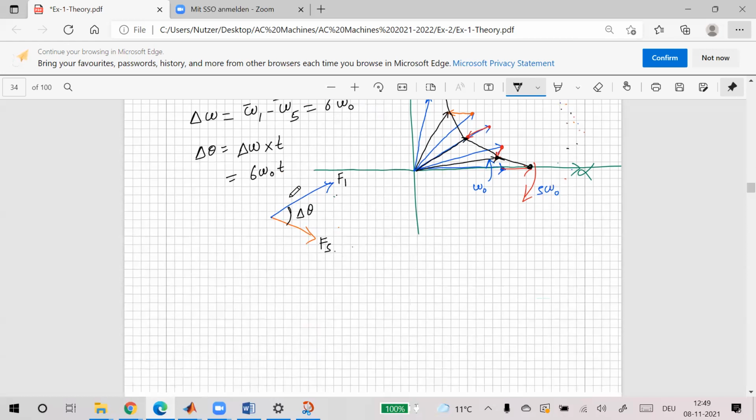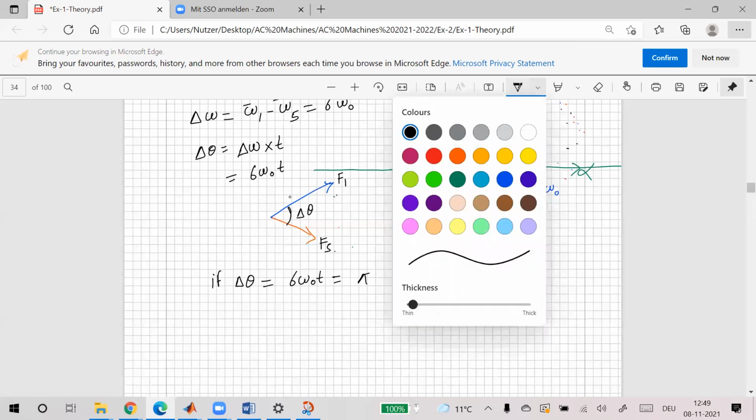And what happens if delta theta is equal to pi? You would see the negative peak, the lowest amplitude, right? So pi means what?